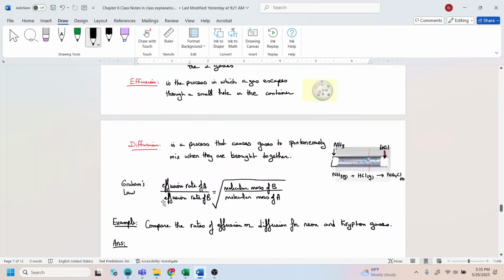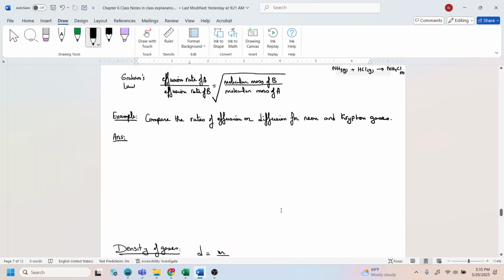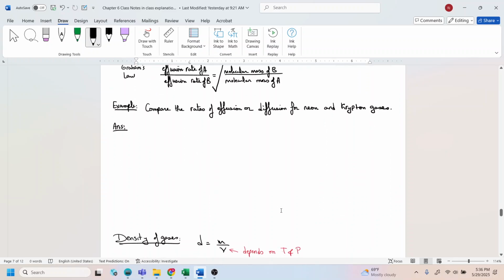Graham's law has this relationship: the effusion rate of gas A over the effusion rate of gas B is equal to the square root of the molecular weight of gas B divided by the molecular weight of gas A. So let's have an example here.